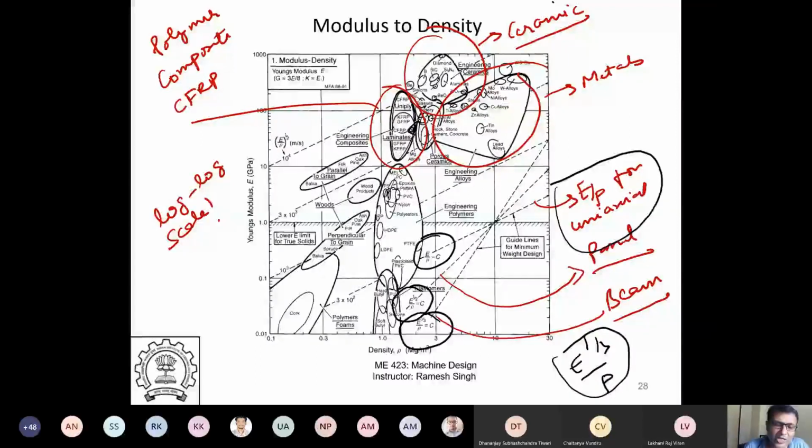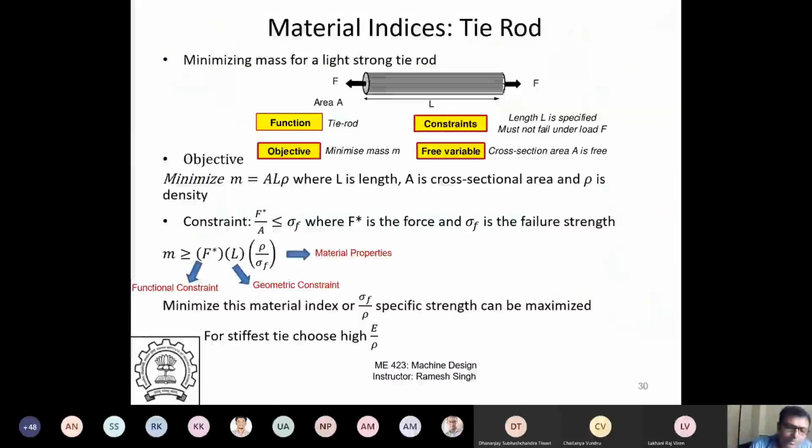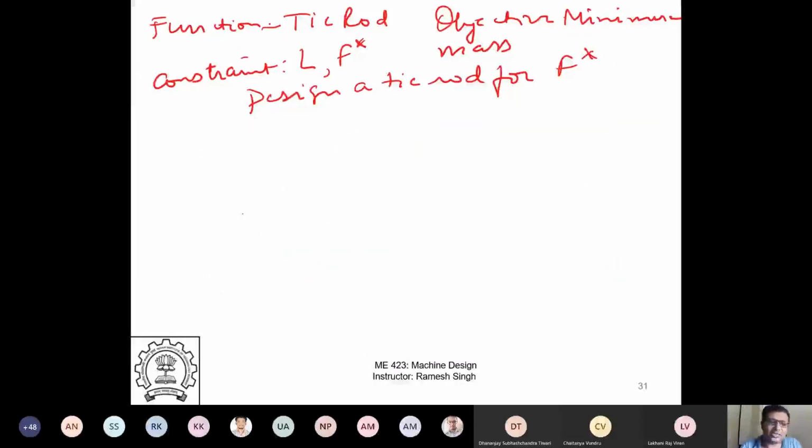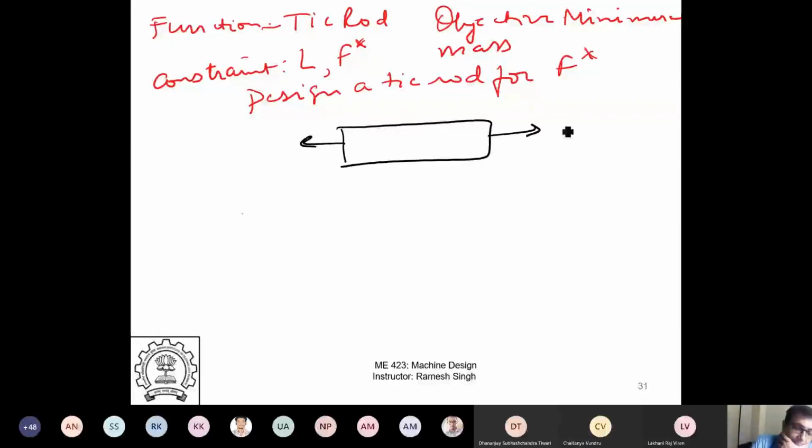But today I'll show you a very simple calculation. Imagine I have to engineer something like a simple tie rod. Everybody knows what a tie rod is, right? A tie rod is something that just takes tension. Imagine I have to tighten something, say a flange.